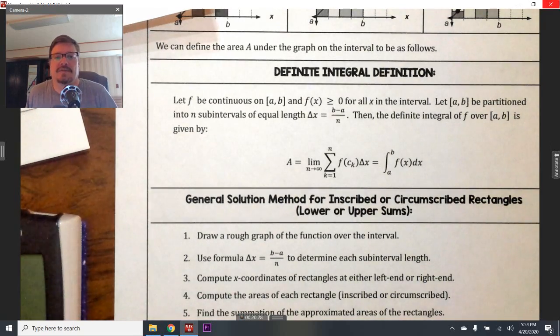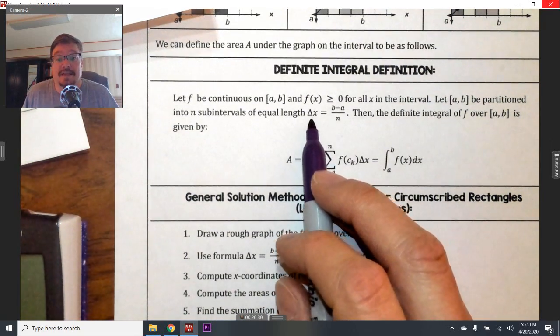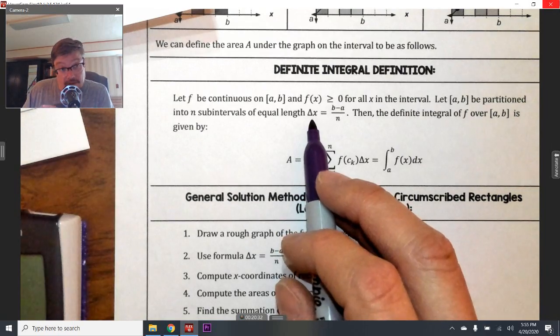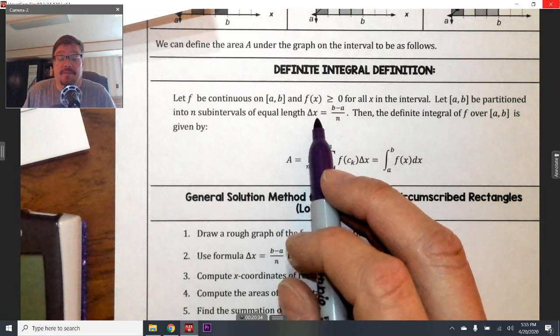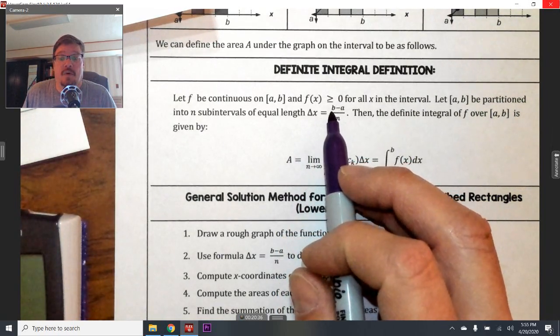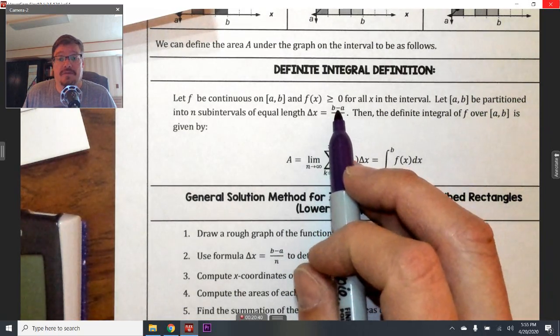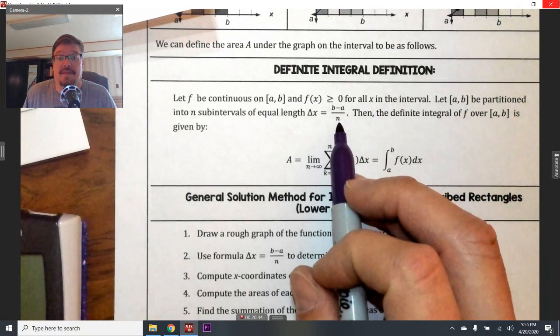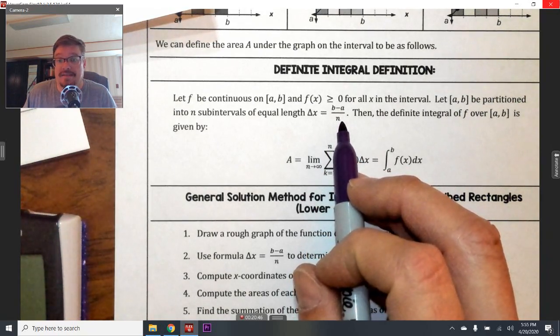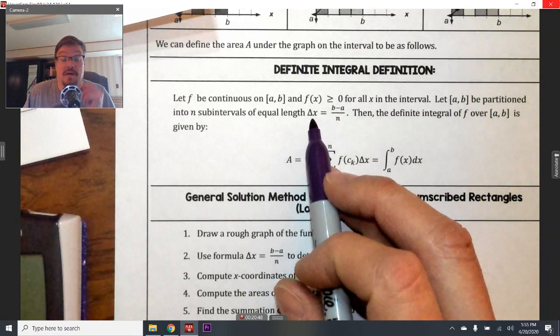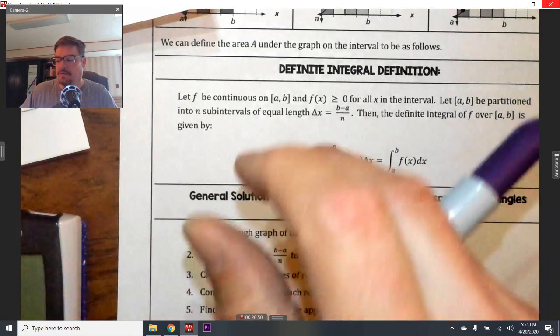All right, so the delta x represents that little interval that we're making as small as possible. In our previous example, we went from 0 to 5. So this would be 5 minus 0, and then I'm going to divide by the number of rectangles that I want, and that will determine the width of my rectangle.